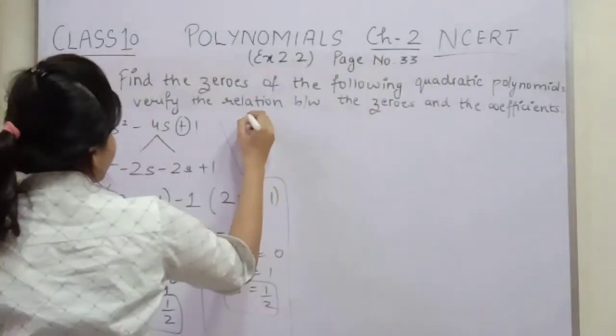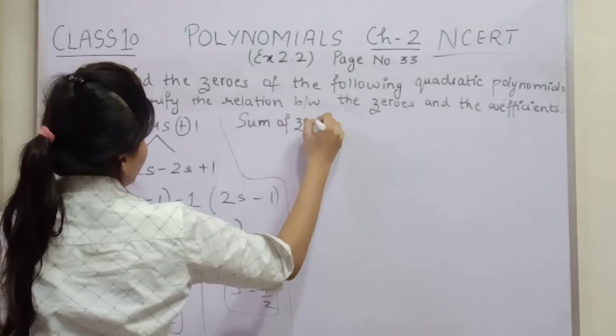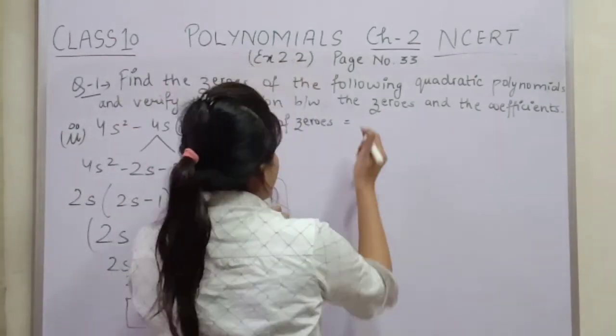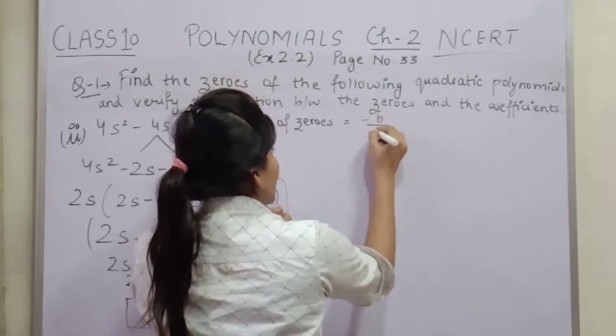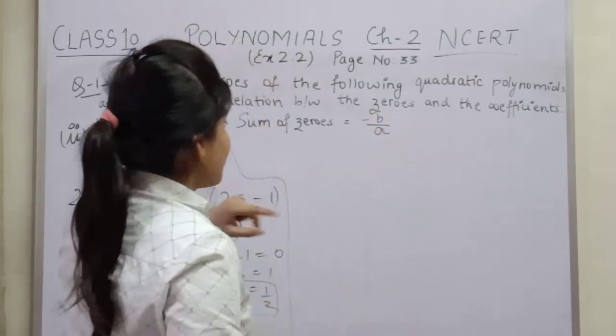So sum of zeros equals to -b/a. Okay, -b/a.